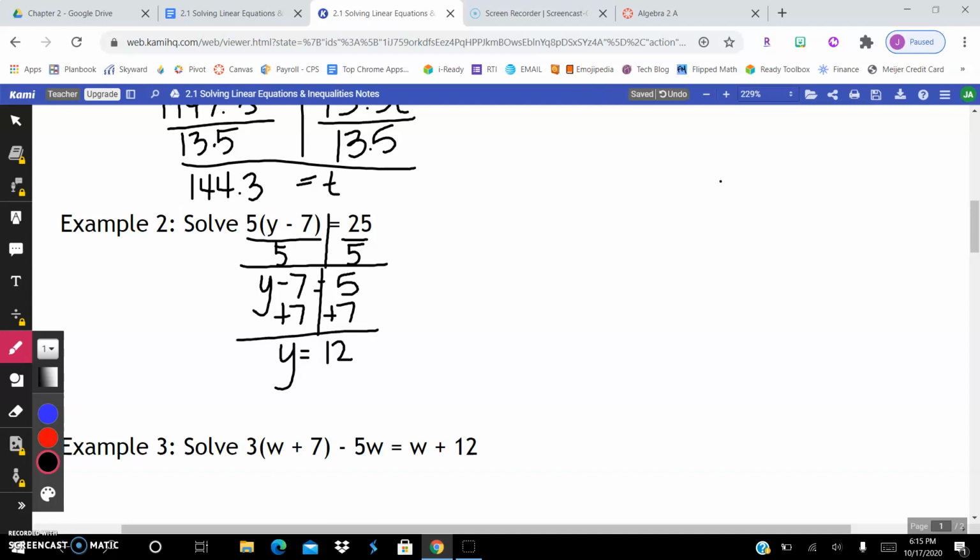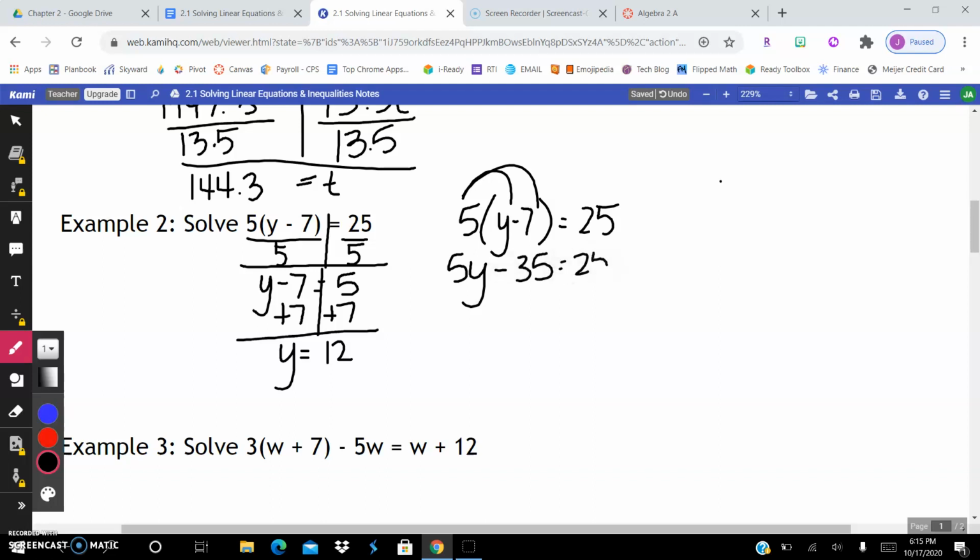The other way to do that would be to distribute that 5 first. So 5 times y and 5 times negative 7. So that would leave 5y minus 35 equals 25. And then we would add 35 to both sides.